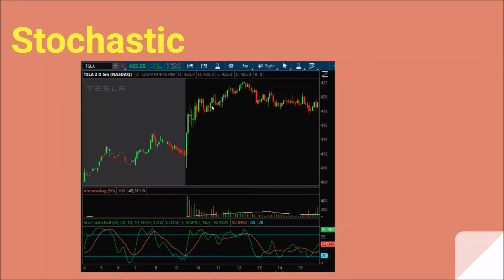But in this case, even though the stochastic green line crossed below the red line, it kept on uptrending and making higher highs. So similar to MACD, we will have to use the stochastic indicator with some other indicator to get clear signals.